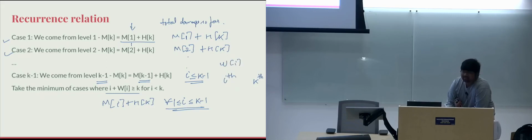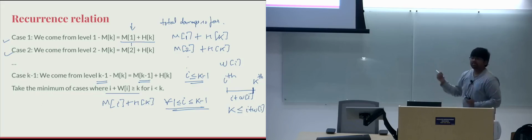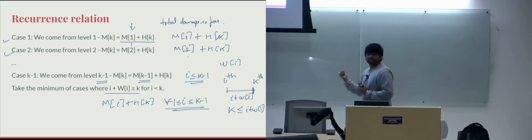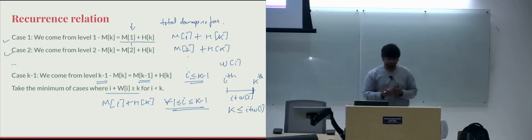The maximum distance that you can cover from this point onwards is i plus w of i. So this k has to be within the range, so k should be less than or equal to i plus w of i. Is it clear? Any questions here? Yeah.